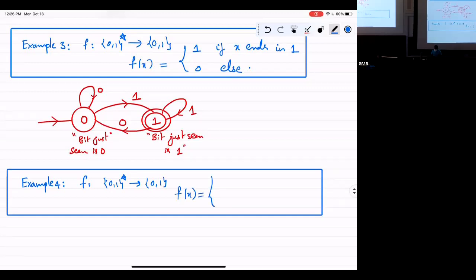Okay. Now I want my function to say 1 if x ends in 0 and 0 otherwise. Okay. How can I design a finite automata for this?